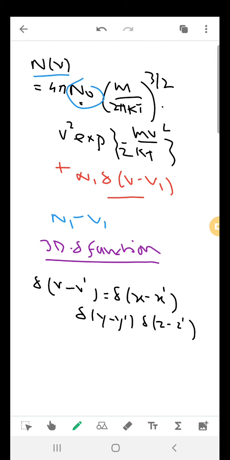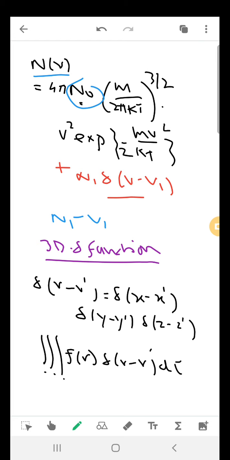This is the first one, and again the triple integration of f r delta r minus r dash, d tau, the volume element, is equal to f r dash.